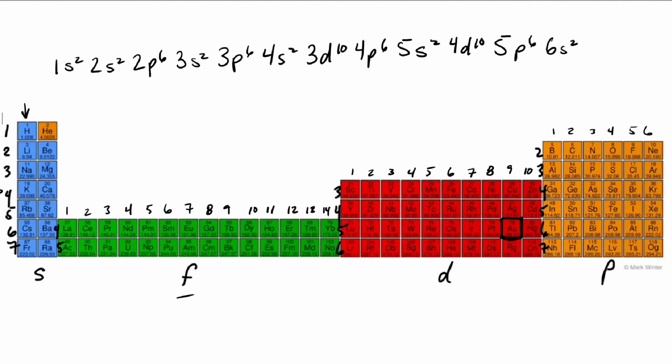So we start at number 4, so that's 4f14. And now we reach the 5d block that contains gold, and we have 1, 2, 3, 4, 5, 6, 7, 8, 9 electrons to get up to gold. So we can write it out as 5d9. The only trouble with writing it out this way, and it's close, but it's not quite fitting with physics.